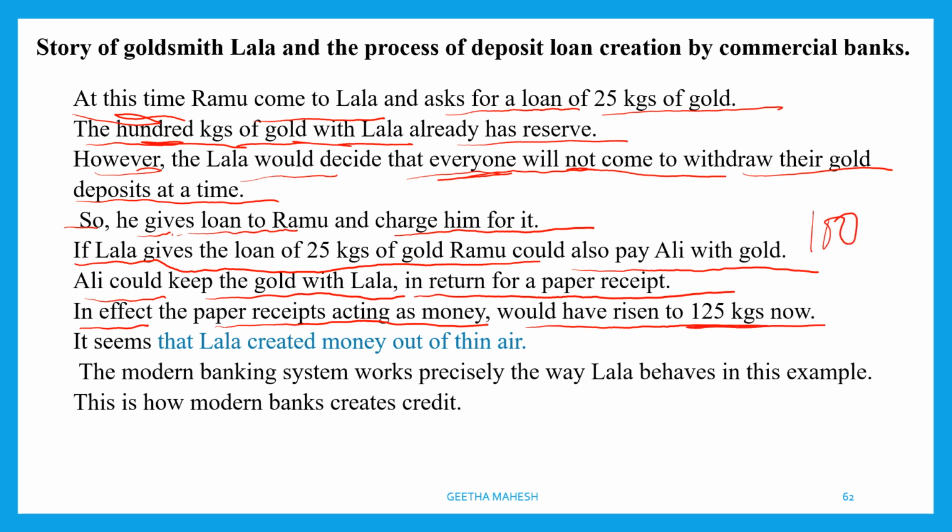Already 100 kg worth of gold receipts was issued by Lala. Now 25 kg was given as a loan to Ramu. Ramu will pay 25 kg to Ali. Ali will keep this 25 kg gold again with Lala. So 100 plus 25 becomes 125 kgs of gold receipts circulated in the village.